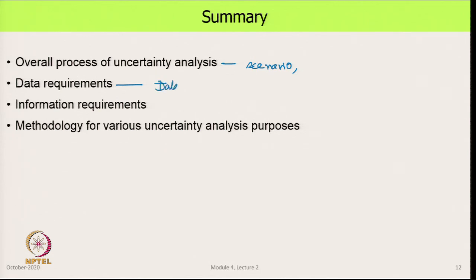So, experimental data plus a lot of information about instruments, electronics, all of that. Information came about equipment, about bought out instruments, data acquisition system and whatnot. And finally, for various purposes, we saw the scheme of things by which we will do the uncertainty analysis.